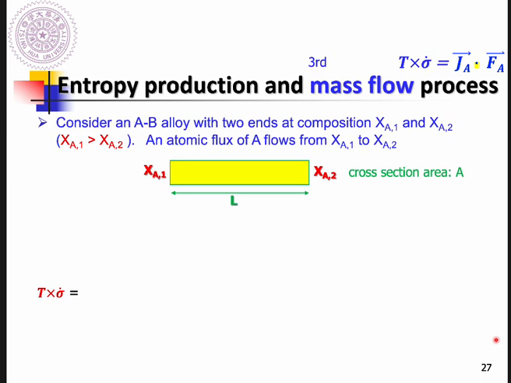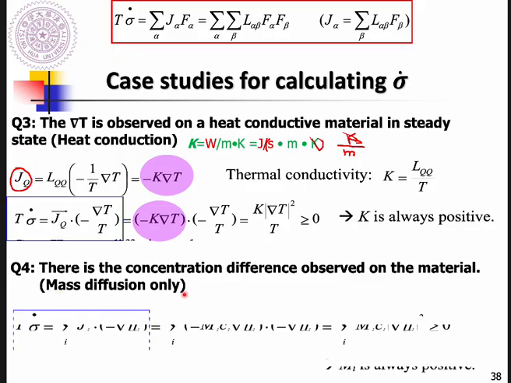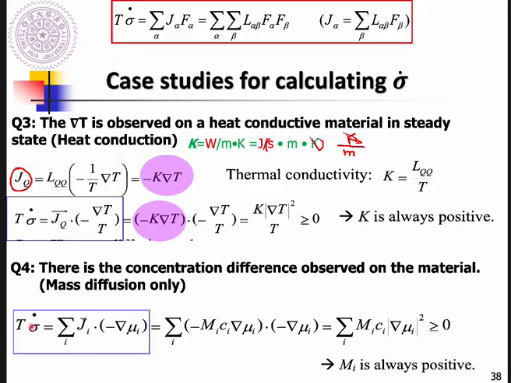As long as the system reaches a steady state, then what's the sigma dot? First of all, you need to find out how many driving forces are acting on these materials. Based on the description, probably just one driving force, which is the chemical potential gradient. So just write it down: flux Ji times Fi, small i.